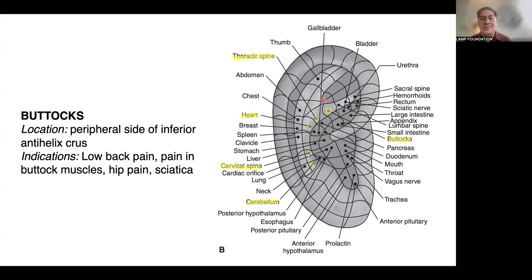You try it. It's so amazing. And you don't even have to use a very long needle. Kasi dito lang. And you'll be amazed. This is GB30. This is gallbladder 29. As you can see, it's very near the buttocks. Make sense? Diba? Yes. Yeah, and this point is good for hip pain.